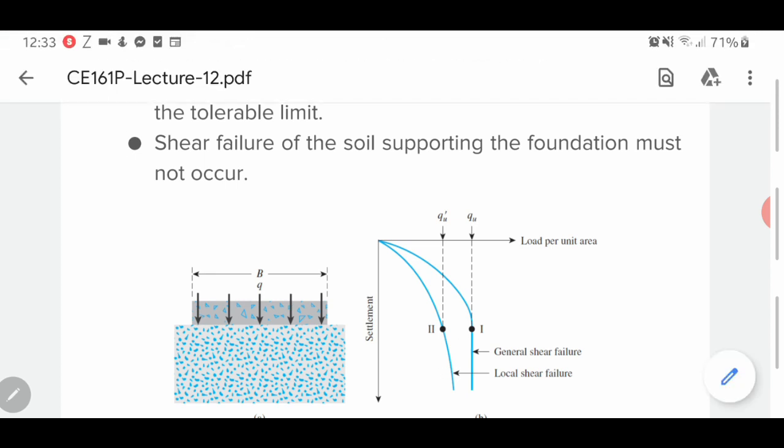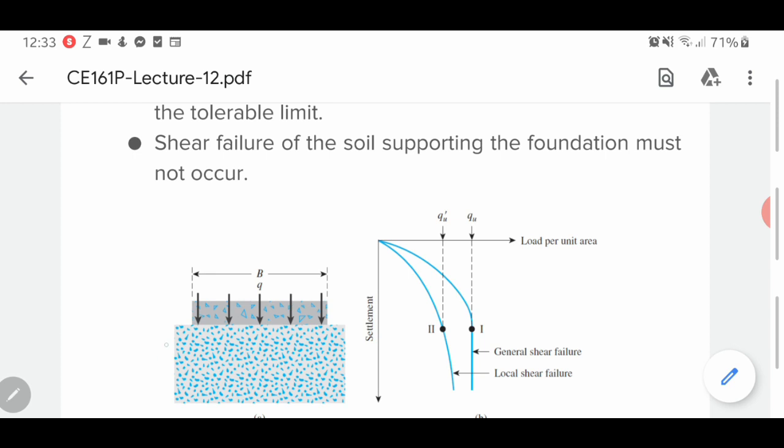So assuming that this is your foundation, and this is your soil, the foundation is subjected to the load Q, distributed throughout the area. It pushes the soil downward.